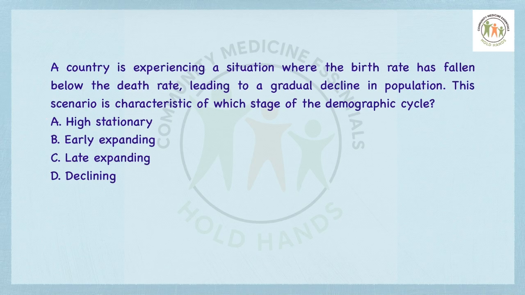Next MCQ is, a country is experiencing a situation where the birth rate has fallen below the death rate, leading to a gradual decline in population. This scenario is characteristic of which stage of the demographic cycle? Option A, high stationary, B, early expanding, C, late expanding, D, declining. So answer will be declining.